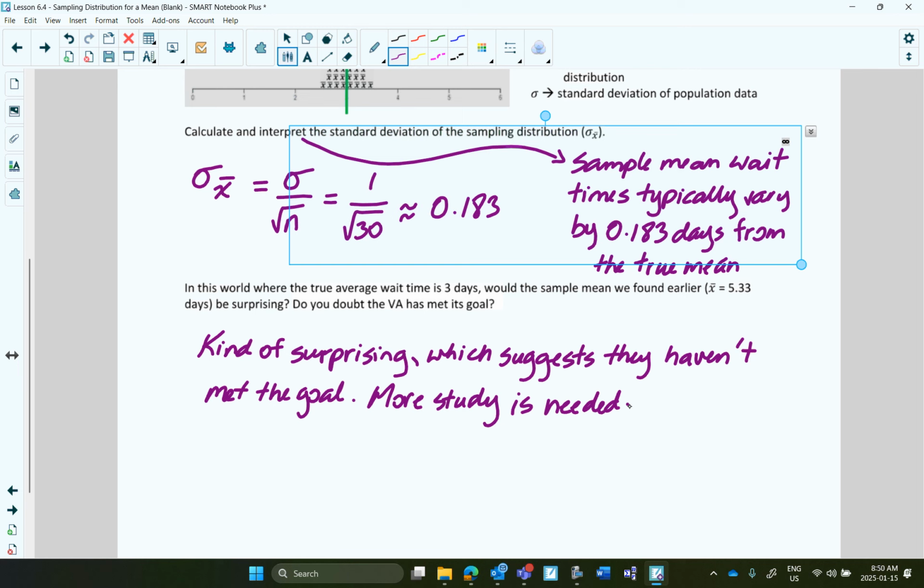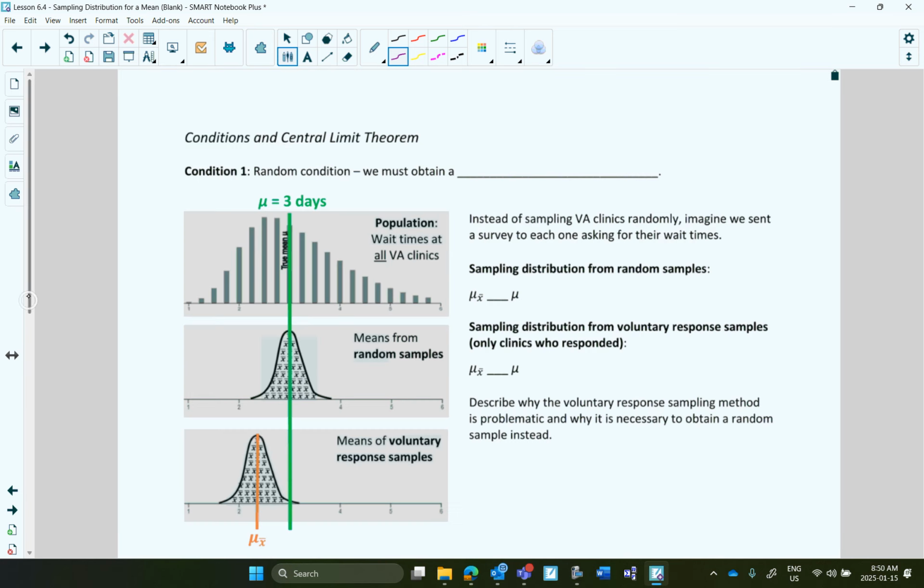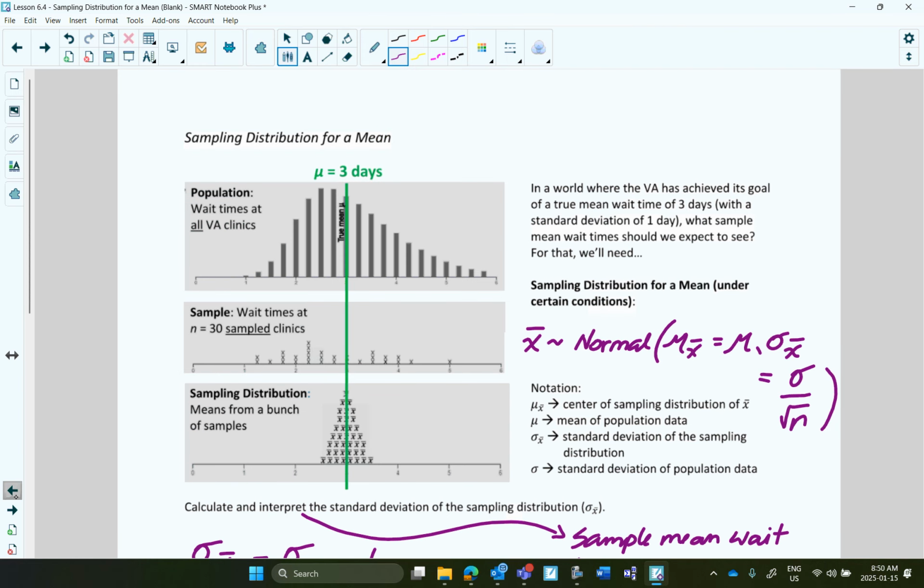So remember, we've done some calculations, but we've got to make sure those conditions are met so that it allows us to do those calculations and it allows us to make those statements. And the first two conditions are the exact same as when we did proportions.